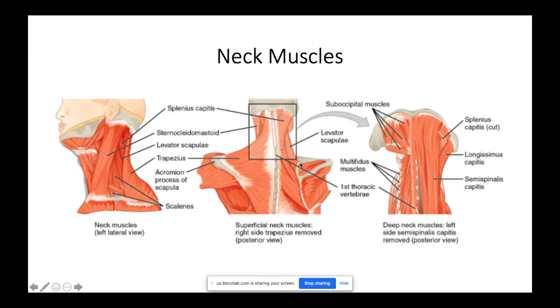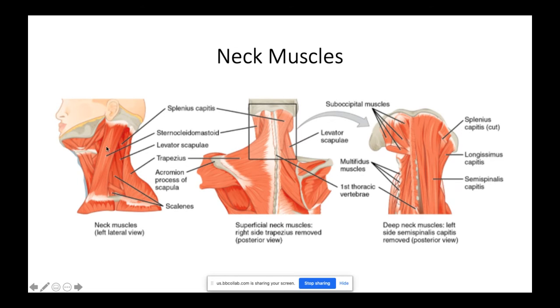It elevates the scapula, like shrugging your shoulders up. Like when you say, I don't know, it's your scapula that elevates, and then your humerus just comes along for the ride. But it's the scapula that's actually elevating, levator scapula. Origin is the top 4 cervical vertebrae, C1 to C4, transverse processes, and then it inserts on the superior angle of the scapula.